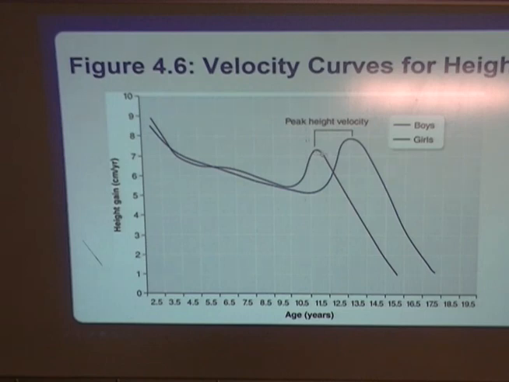And after peak height velocity, she's still growing, but she's growing more slowly. Same picture for the boys, but later. All right? Girls are physiologically more mature than boys at most points. Right?